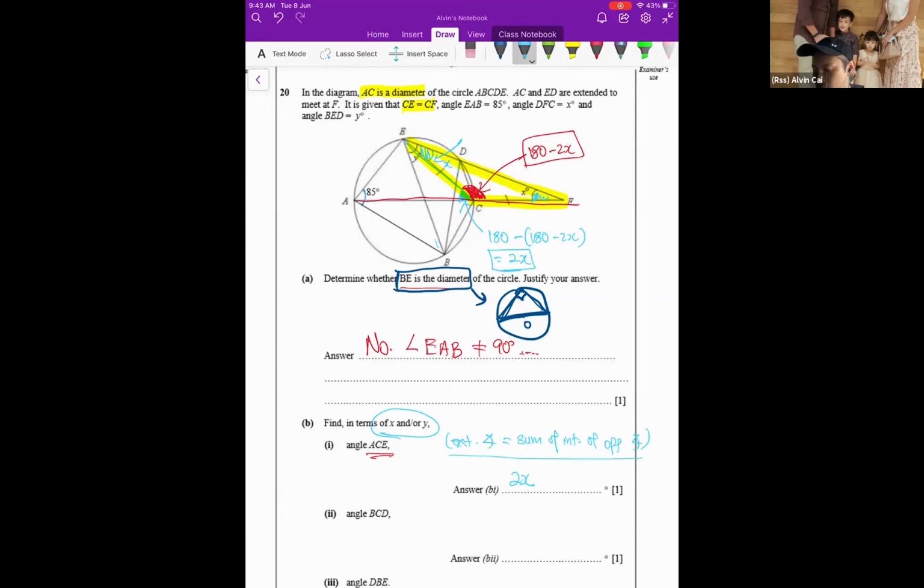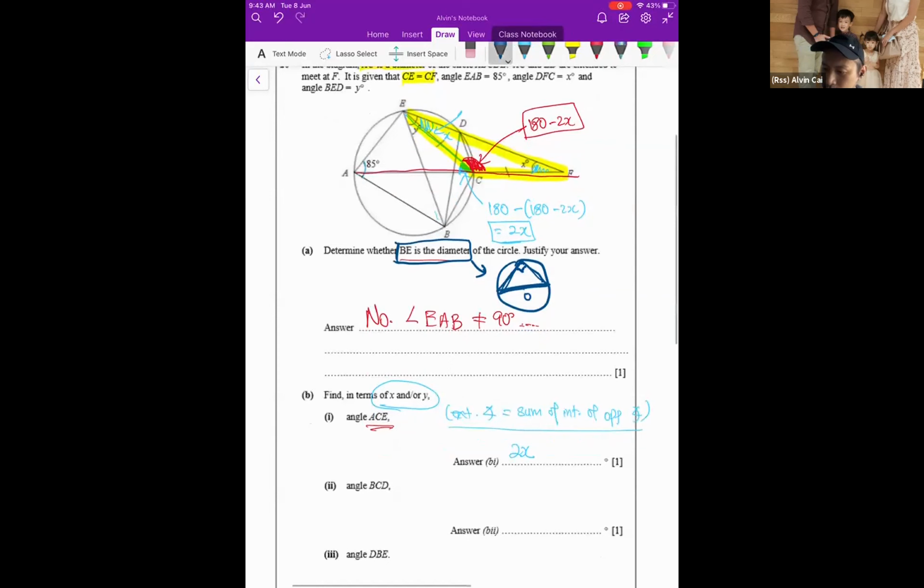So in short, whenever you have a triangle and you want to find the exterior angle over here, all you need to do is find this angle plus this angle.